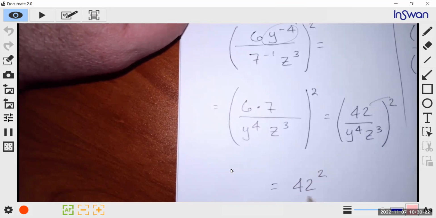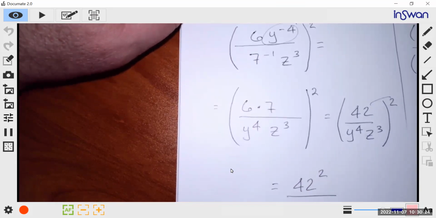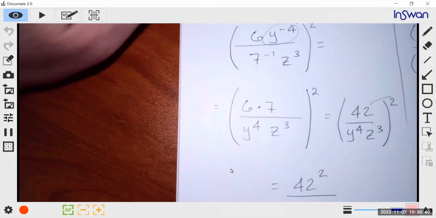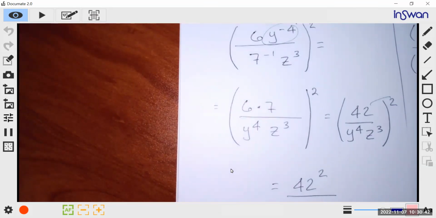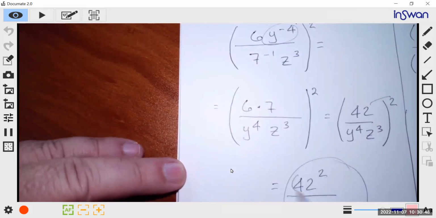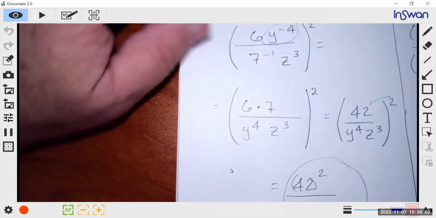Just distribute that. What about the bottom? What goes on the bottom? So what do you get? Very good. Power to the power you multiply. Those are the answers. That is your final answer. 42 to the second power.